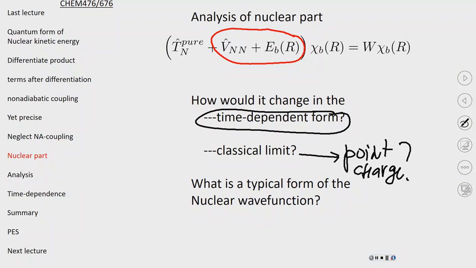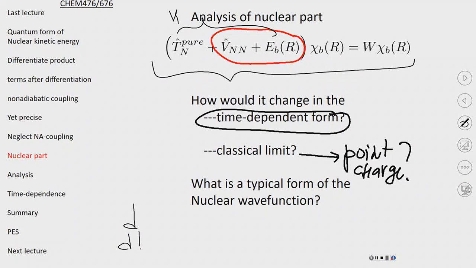No questions? So how do we do it? Well, if we know the time independent Schrödinger equation, we can convert it into time dependent. You just take whatever serves the role of Hamiltonian, and add i times d/dt.